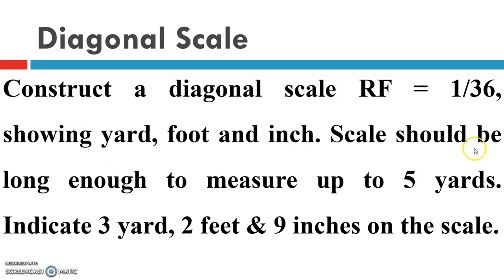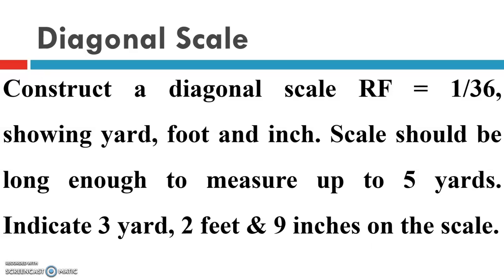Clear? Scale should be long enough to measure up to 5 yards. So the maximum dimension to be measured is 5 yards, and once the diagonal scale is constructed, we have to indicate 3 yards, 2 feet and 9 inches on that diagonal scale.